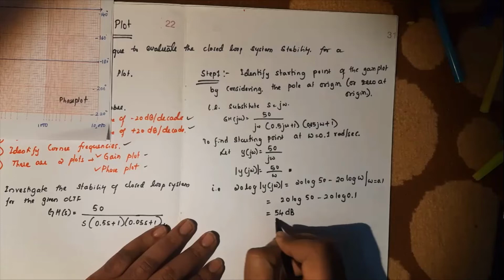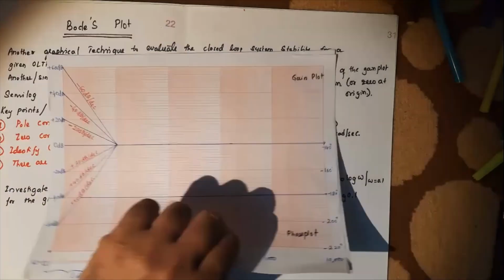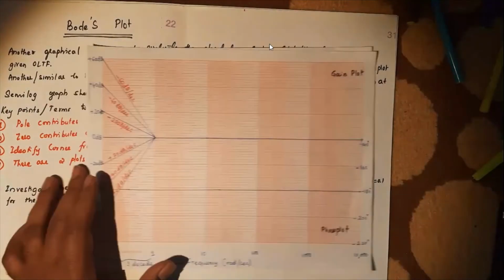That's why the scientist Bode suggested some modifications to the Nyquist, and then he proposed that on the logarithmic scale, which will reduce the computational time as compared to the Nyquist plot. So that's the only difference. So don't have many questions in the mind. Just listen to whatever I say. So this is the starting point of 54 dB.